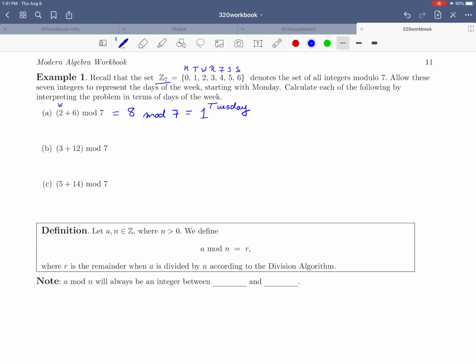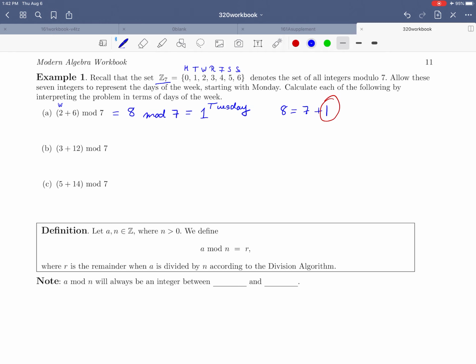The way you can also think about this is, 2 plus 6 is 8 in normal integer addition, but 8 doesn't really exist in our set, so let's divide by 7 and see what the remainder is. If we take 8 and divide by 7, we have 1 left over. So 8 is equal to 7 plus 1. And that remainder is the result of our addition problem mod 7.